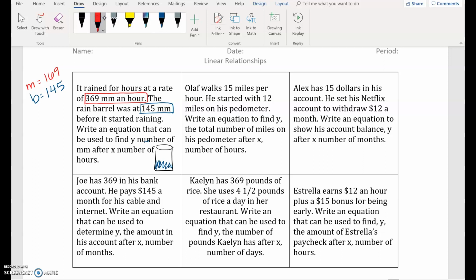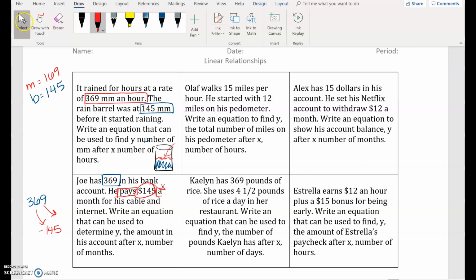And then every hour, more is going in, right? So that's good. And then down here, the bank account has $369 in it. So that's my starting amount. And then he's paying money. So that money is not going in. He's taking out $145 a month.